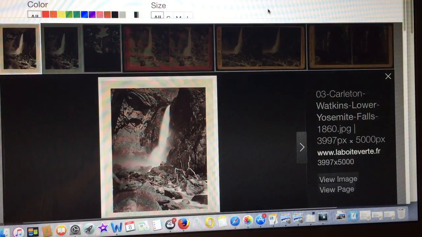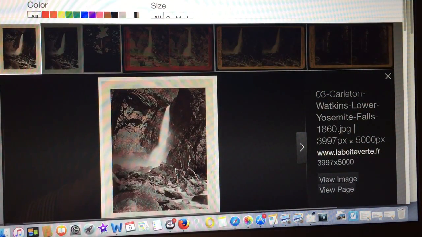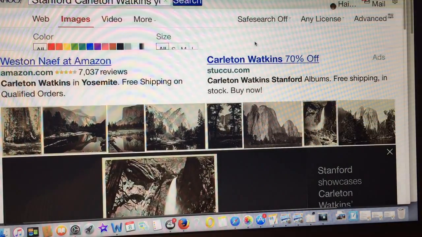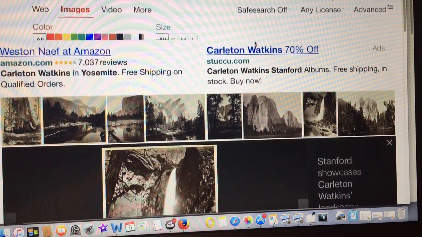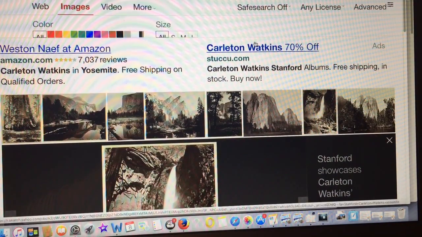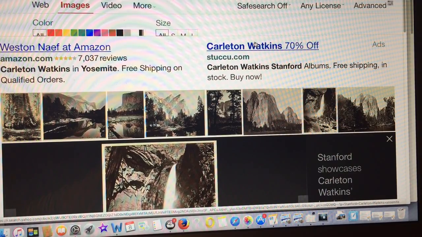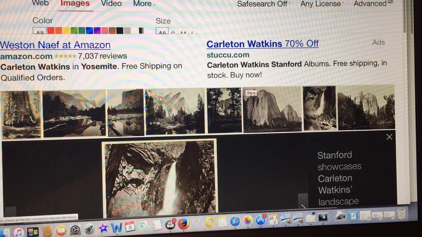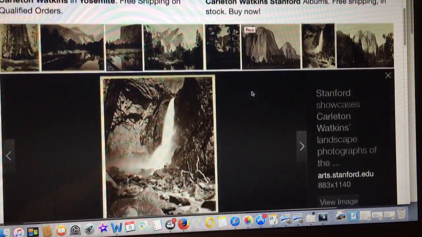Okay, hello dear friends. So I came back home and I searched online for Carleton Watkins Lower Yosemite Fall, and then I saw a lot of pictures.